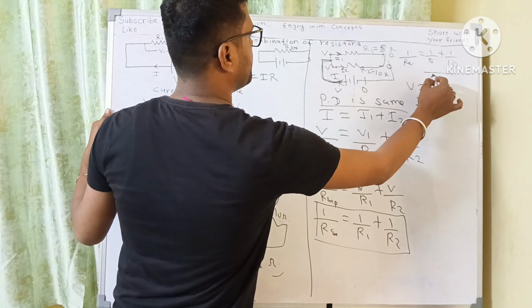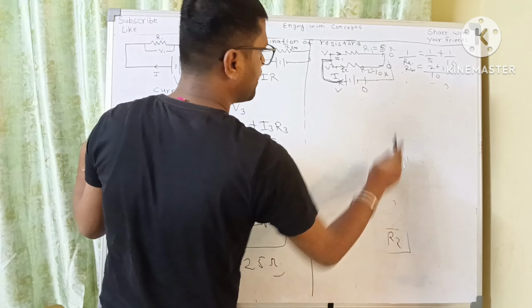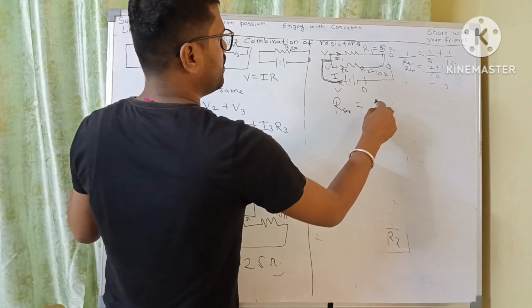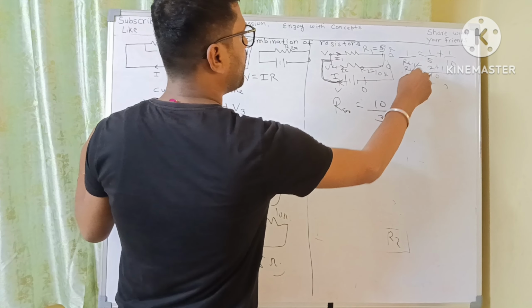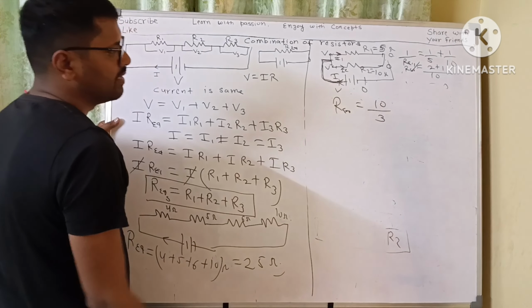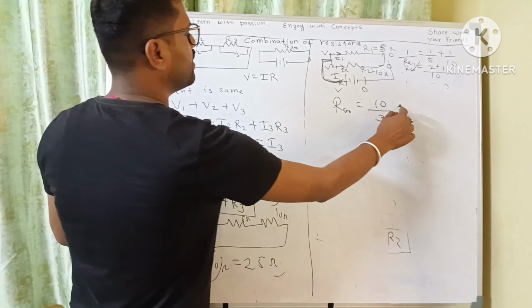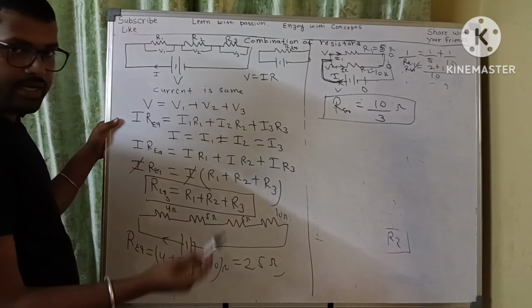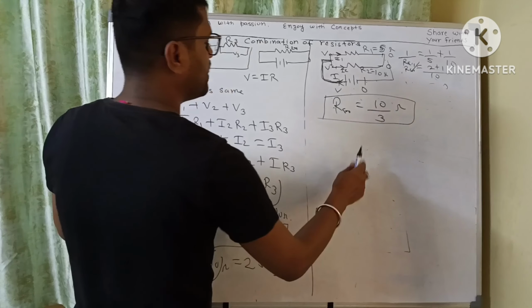So how much is the LCM? 10. 2 plus 1, so we got 3 by 10, because this is 1 upon R equivalent. So R equivalent is the reciprocal of this, 10 by 3 ohm. Right? Let's see one more question based on this.